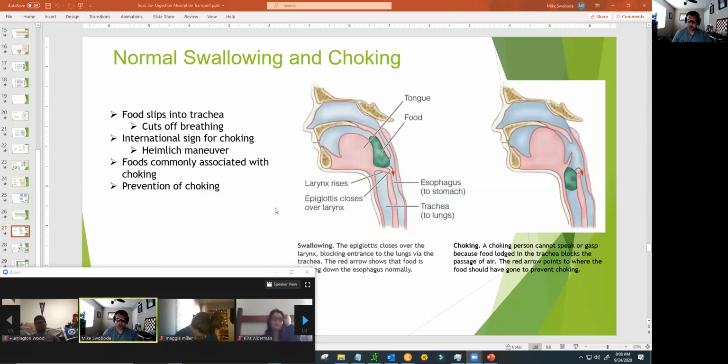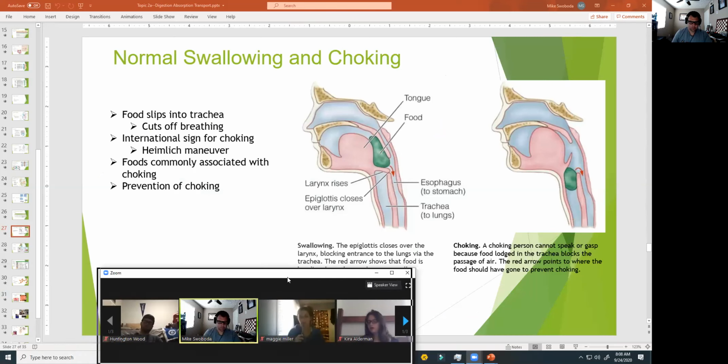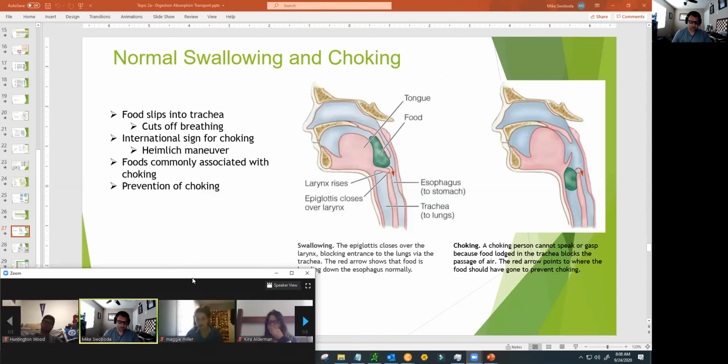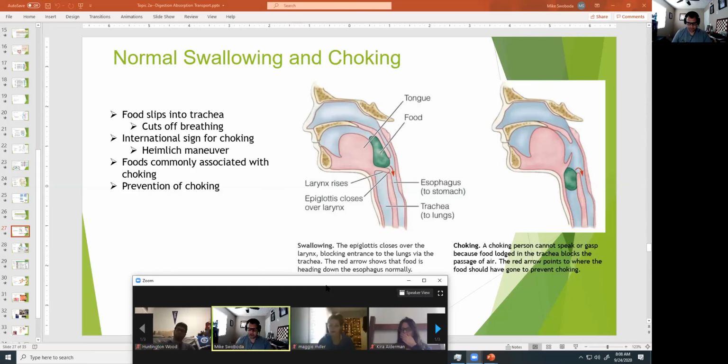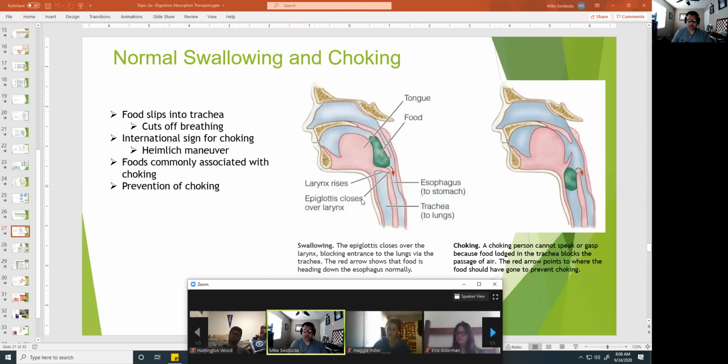All right, swallowing and choking. So now we get into the more practical applications of all this stuff. When you swallow something, we talked about the epiglottis. Remember, the epiglottis is a leaf-like flap of cartilage that is attached to the top of your trachea, the base of your tongue. Whenever you swallow, it closes.